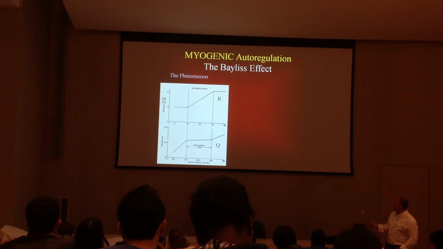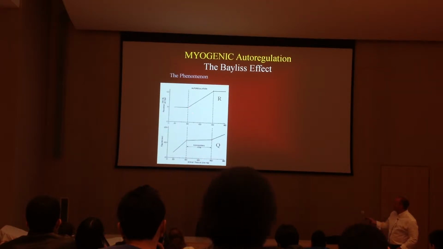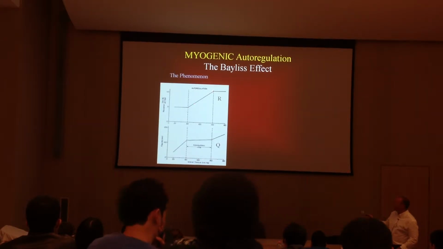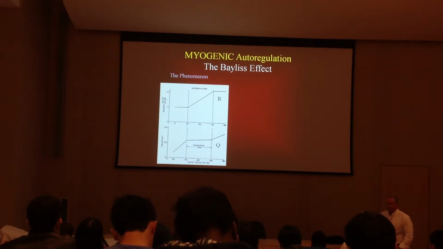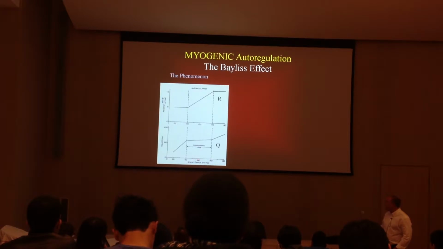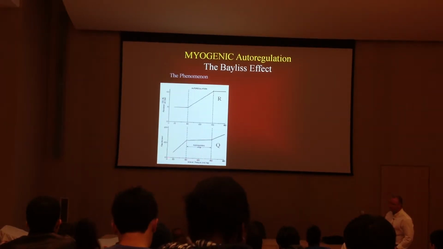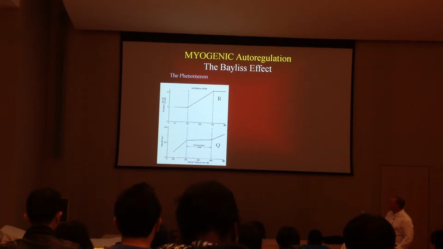But look what's happening. In this range, if you go from 60 to 140, there is a monotonous gradual increase of the resistance. If you go from 140 back to 60, there is a monotonous decrease. So there is a linear relationship between the driving force, arterial pressure change, and the resistance.